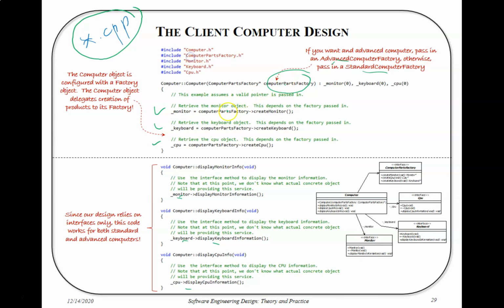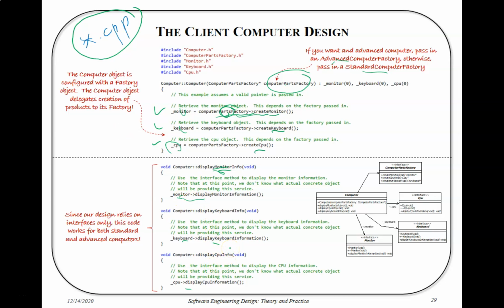It only knows what kind of object it receives during runtime. So this object goes here, and the computer parts factory, if it is advanced, will create monitor, keyboard, and CPU assigned to this object. And then when this method is called, it will call the respective code.